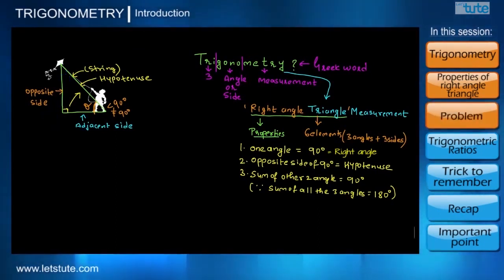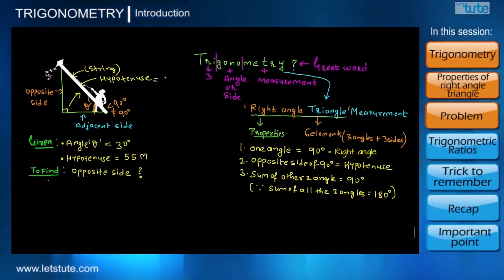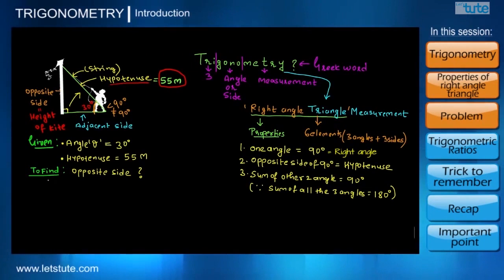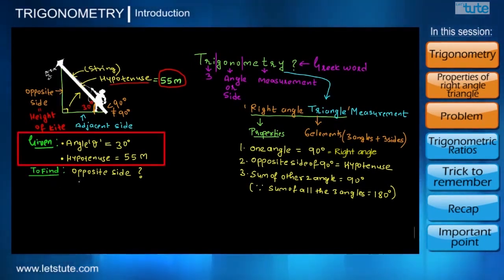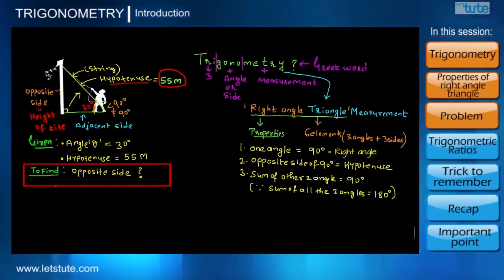So suppose the string length of my kite is 55 meters and it makes a 30 degrees angle with the ground, and I need to find out the height of my kite from the ground. This means that I know the string length, that is the hypotenuse, and angle theta, and I want to know the opposite side, that is the height of the kite.